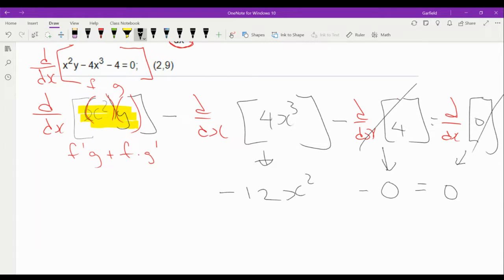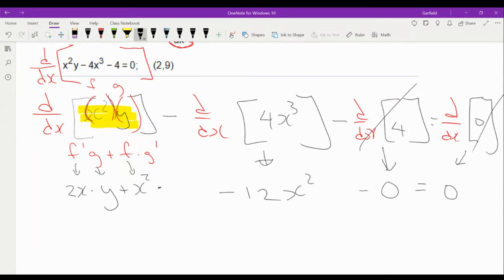So what's f prime? If f is equal to x squared, what's the derivative of x squared? 2x times g, which is y, plus f, which is x squared, times g prime.